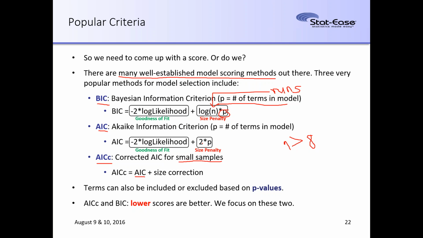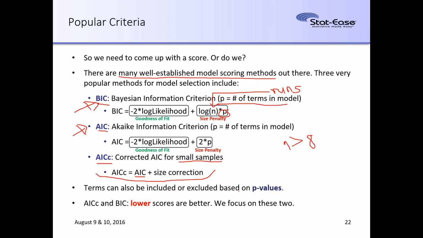So BIC will generally penalize the inclusion of terms much more severely than AIC will. And AIC has some, let's say, poor behavior in very small samples, which is why this corrected AIC was developed.